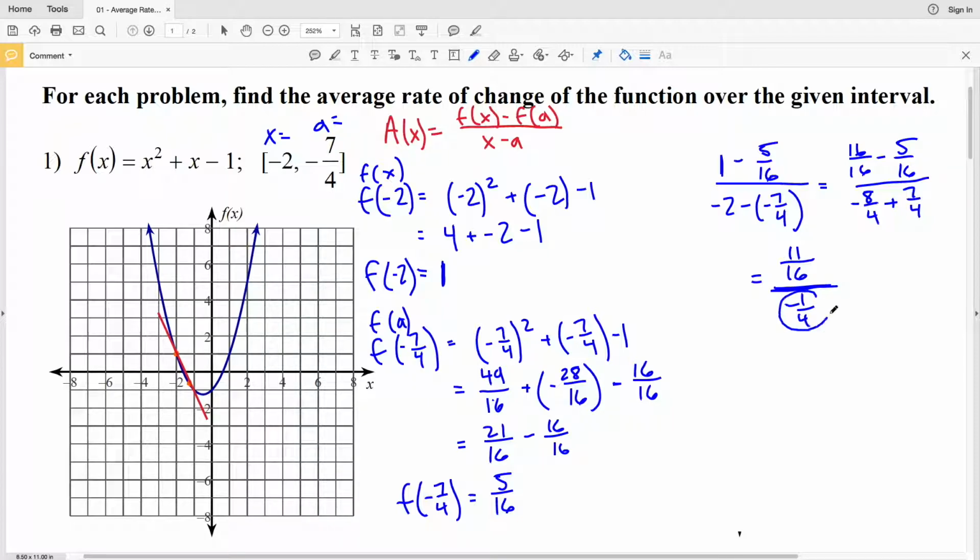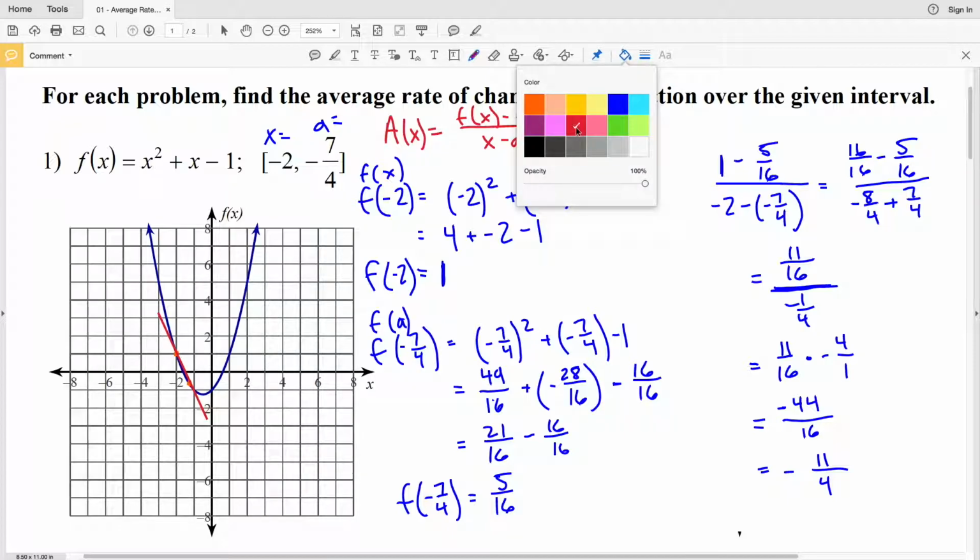And remember, when we're dividing by a fraction, we can multiply by that reciprocal, so we'll have 11/16 times negative 4 over 1, so that will be 11 times negative 4, which is negative 44, all over 16 times 1, which is 16. Simplifying, we can divide both by 4, so dividing the numerator by 4, we'll get negative 11 over, dividing the denominator by 4, 4.